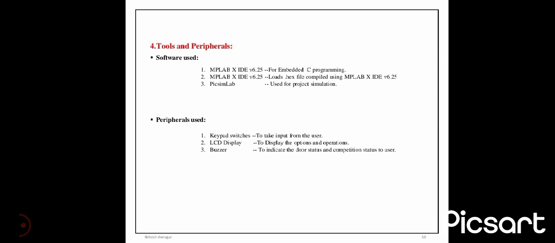MPLAB X IPE v6.25 loads the hex file compiled using MPLAB X IDE. PICSimLab. This software is used for project simulation where we will dump the hex file and we will visualize the process.